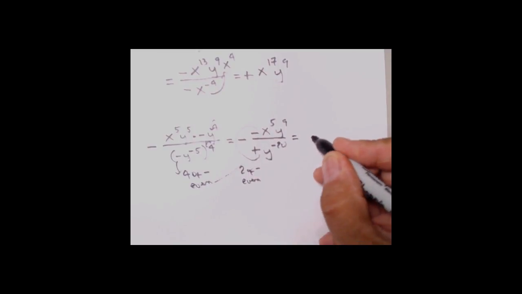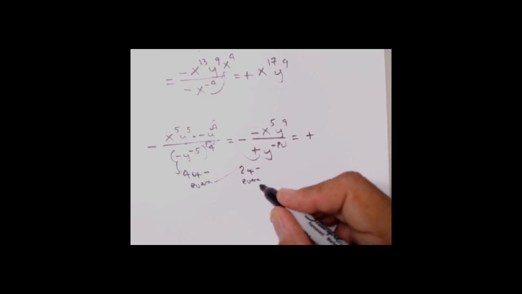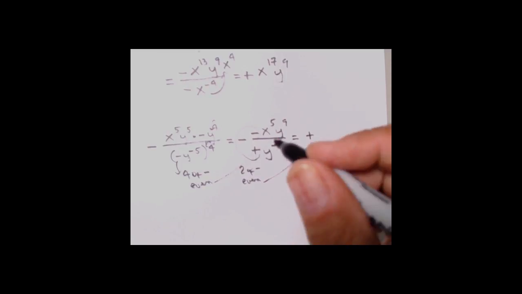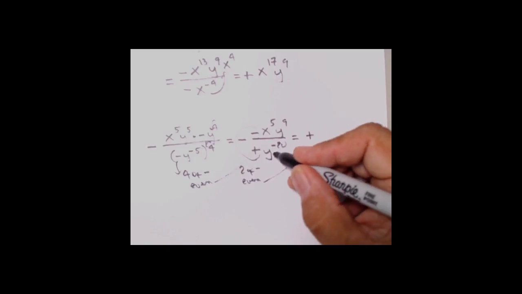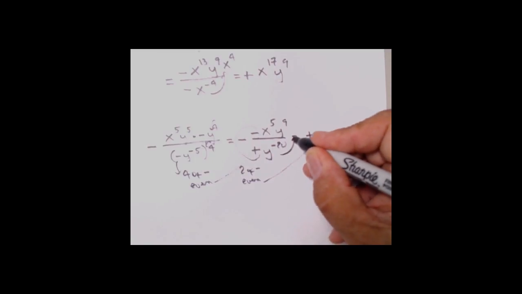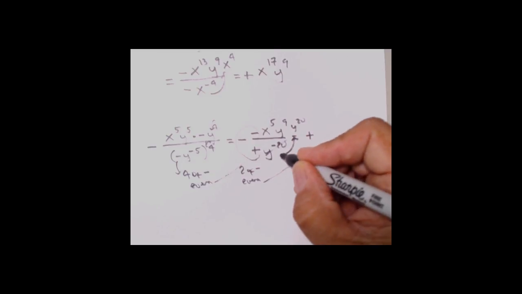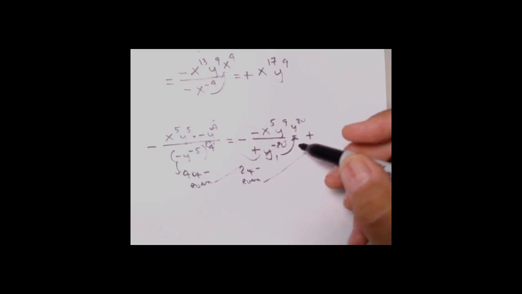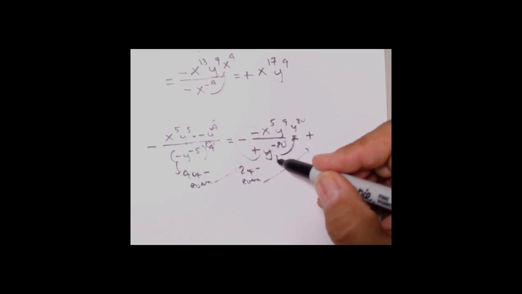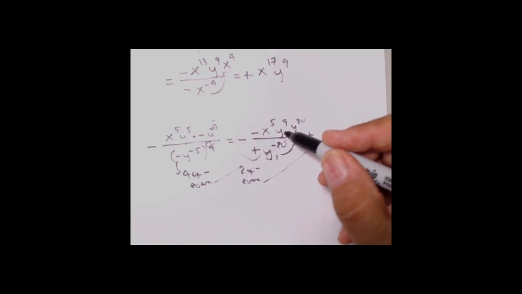That means our final answer is going to be positive. I'll put the plus to rub it in. Now, y to the negative 20, I got to kick that upstairs, so it becomes y to the positive 20. So I moved all of it. So there's a 1 downstairs. That means the answer just upstairs.